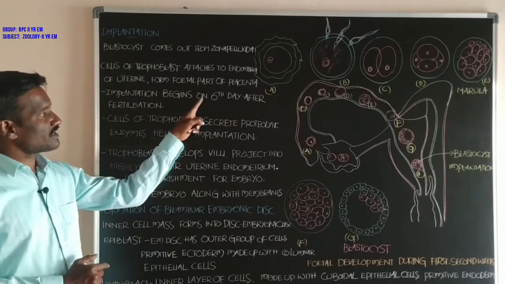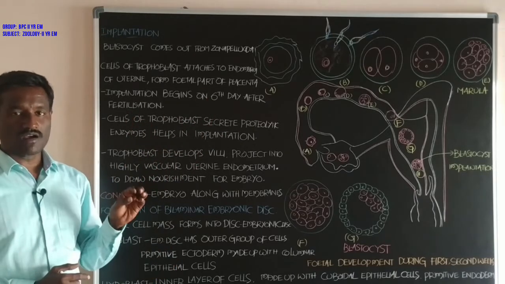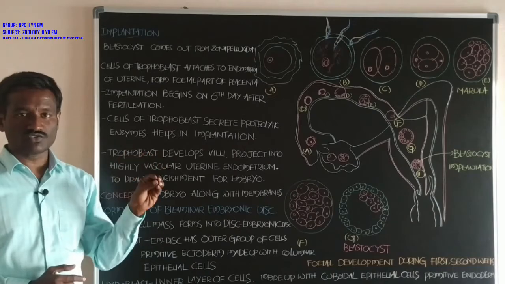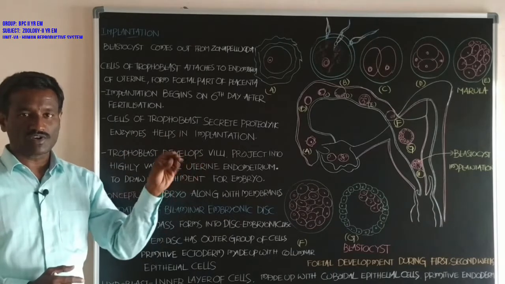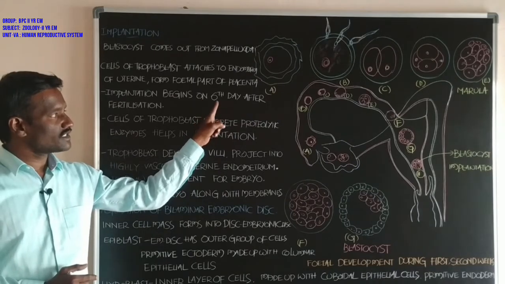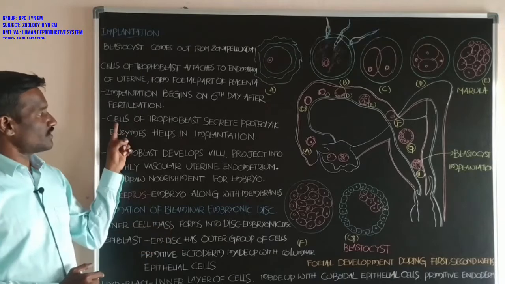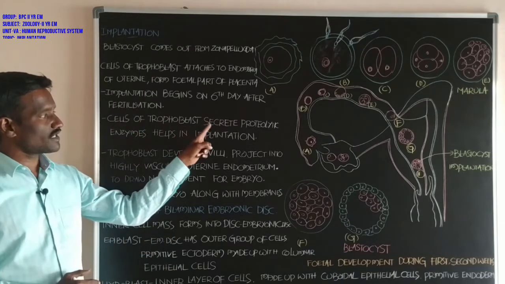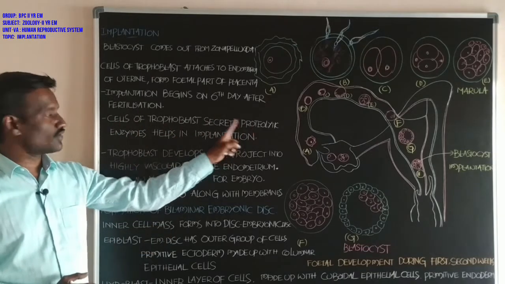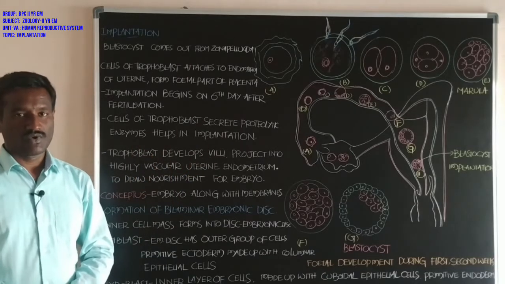Implantation begins on the 6th day after fertilization. Implantation is the attachment of the blastocyst to the uterus wall. It begins on the 6th day after fertilization, student. Next, cells of the trophoblast secrete some amount of proteolytic enzymes that help in implantation. The trophoblast plays the main role in implantation.